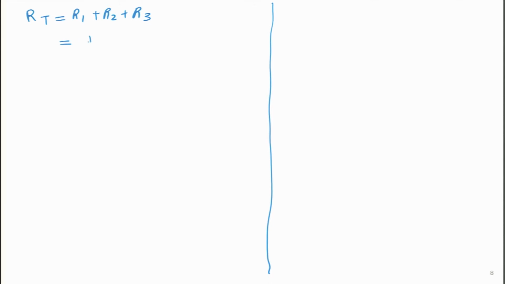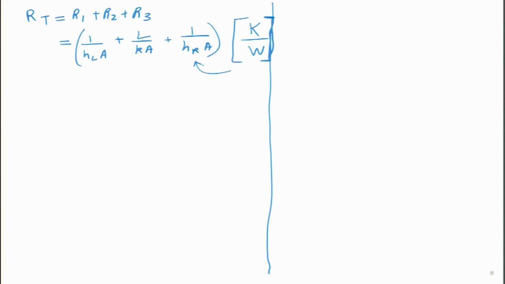So, R1, if you remember, was 1 upon HLA, R2 was L divided by KA, and R3 was 1 upon HRA. I forgot to mention that the unit for thermal resistance turns out to be Kelvin per watt.